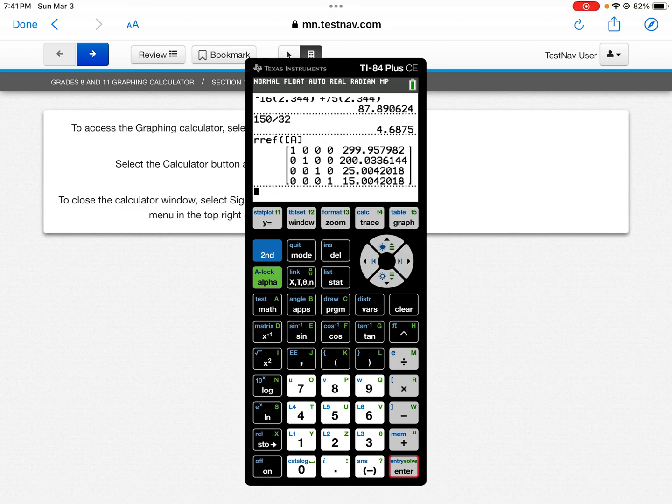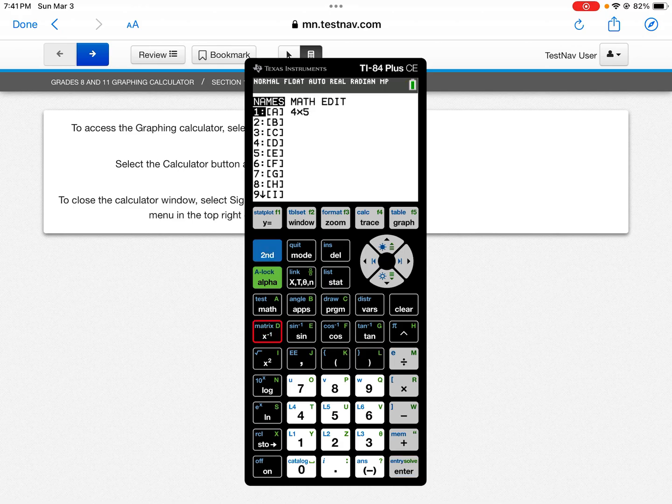So it is 300, 200, 25, and 15. The reason those didn't come out to be whole numbers is because this matrix changed the amount of money to a dollar amount because it was too many digits to fit in the box.